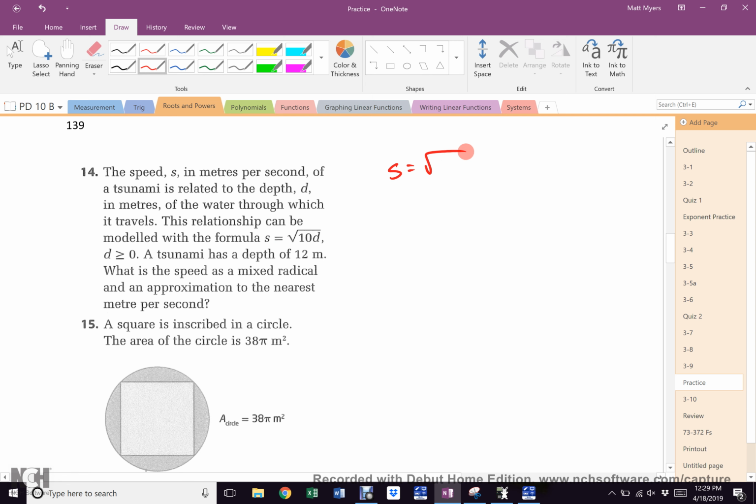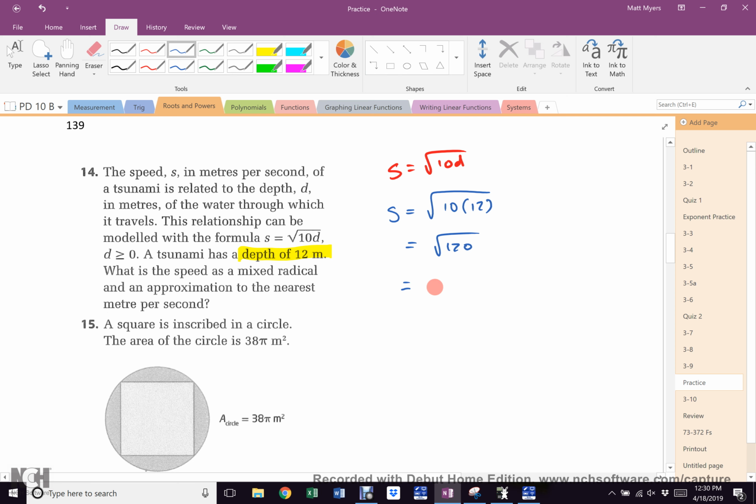S equals root 10d. A tsunami has a depth of 12. So where do you think that number goes? Where the d is. Speed equals the root of 10 times 12, which is the root of 120.